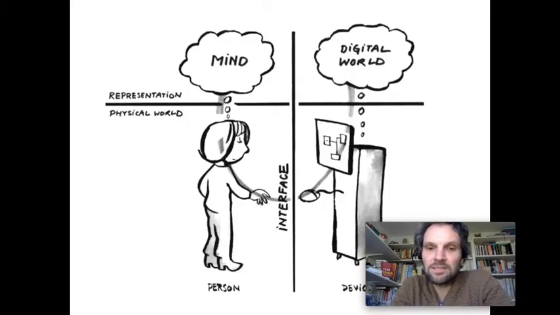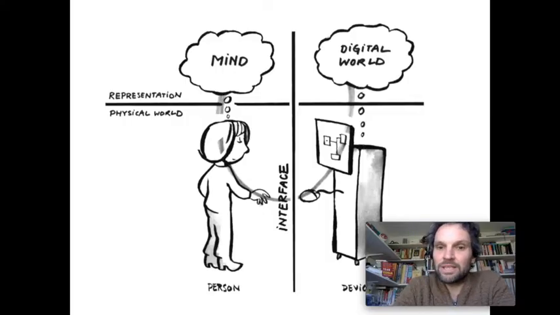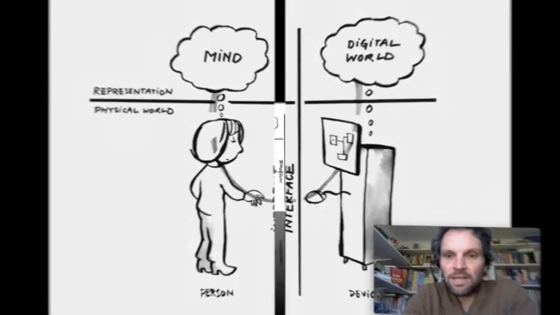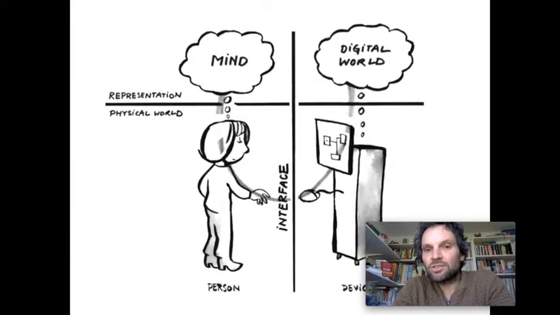And for the computer, it's the same thing. The computer also has a physical body, a physical machine with this mouse and this graphical screen with pictures on it. And that is connected internally to the digital data stored inside of the computer, right? So there's a symmetry here. Both work on the same sort of conceptual idea.